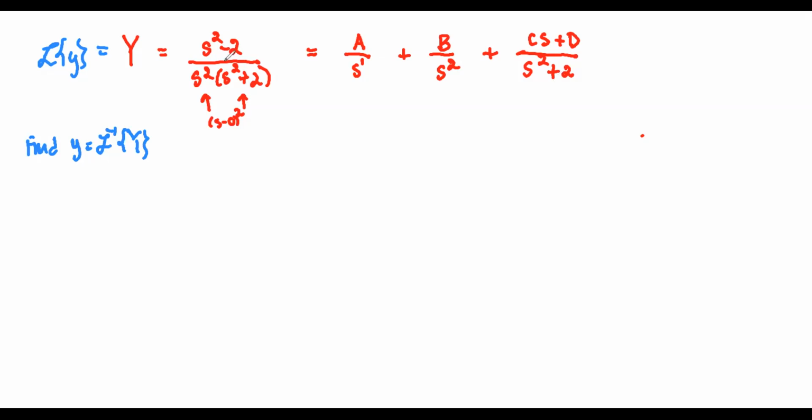Type in s squared minus 2 for the numerator and s squared times s squared plus 2 for the denominator. So Symbolab says A is 0.